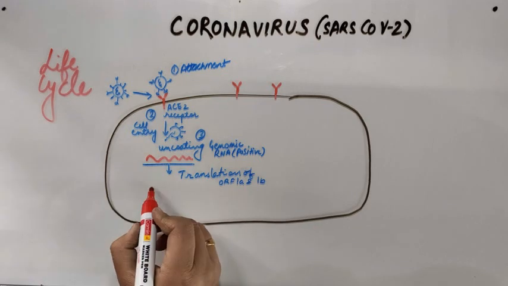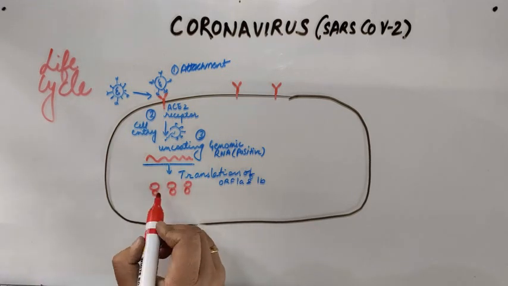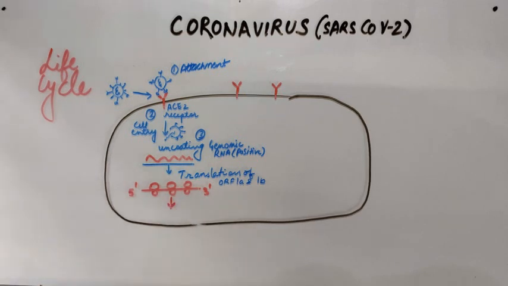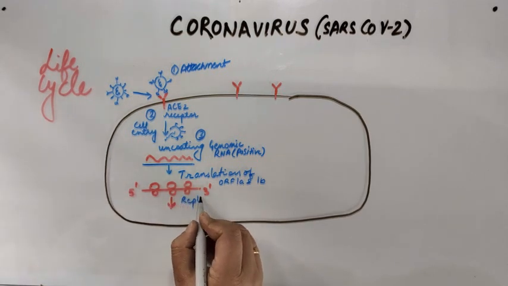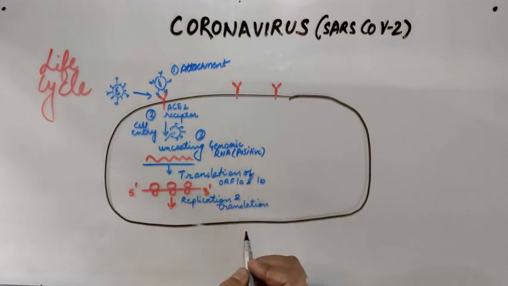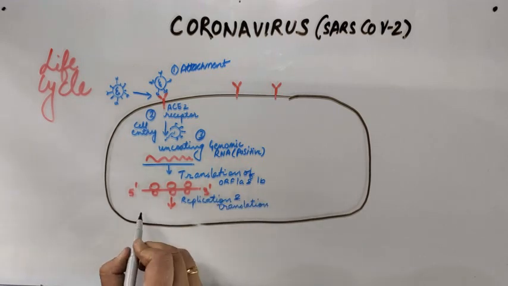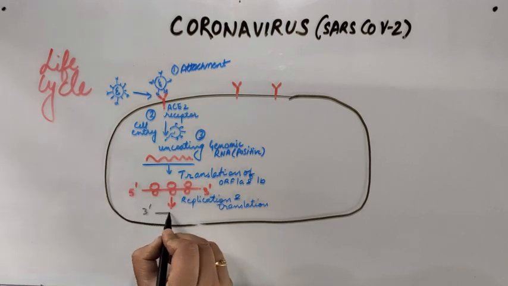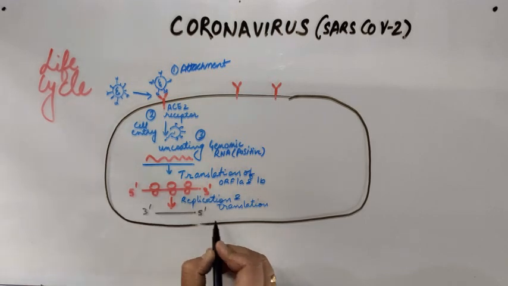Translation is a process by which viral mRNA is translated into viral proteins using host cell machinery. So, the translation of open reading frame 1A and 1B occurs, and then the replication and translation of the other frames occur.